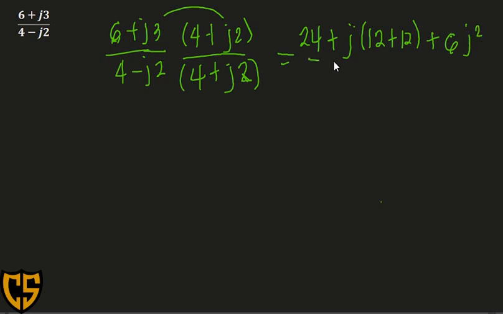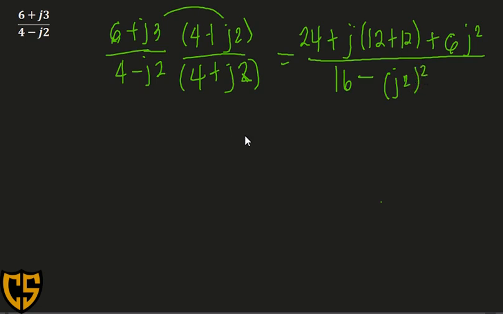Next, in our denominator, we have the square of 4, that is 16, minus j times 2 squared.